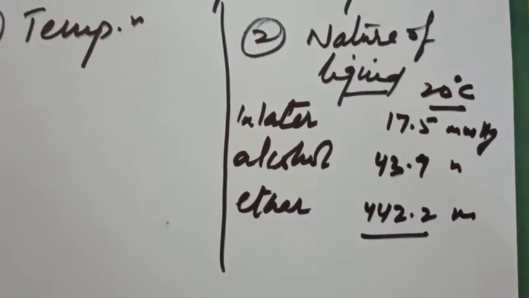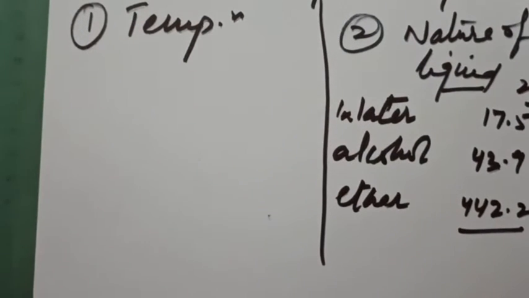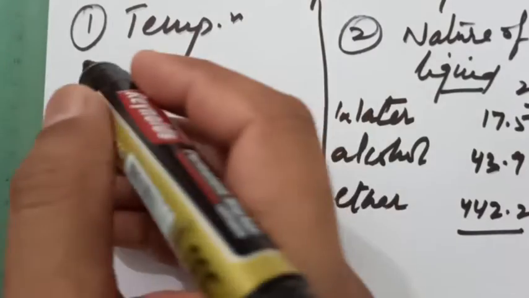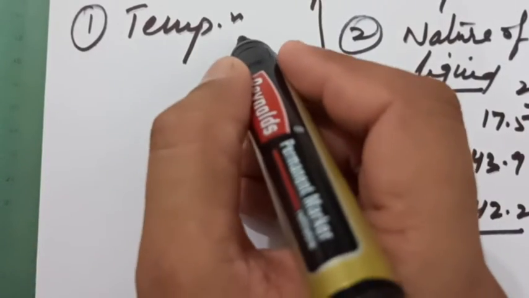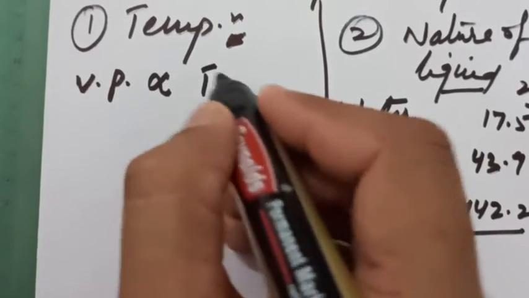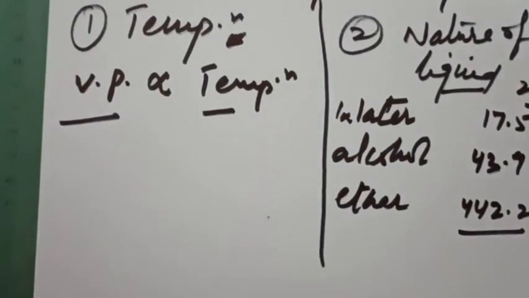Now next, the most important factor on which the vapor pressure depends is temperature. The vapor pressure is always directly proportional to temperature, because as the temperature increases, the rate of evaporation also increases, so there will be more vapors in the container, so there will be more vapor pressure.